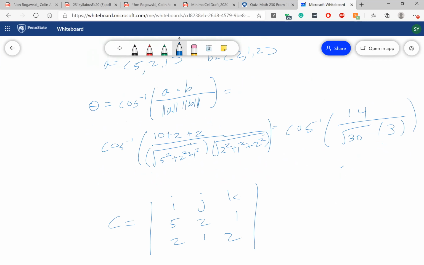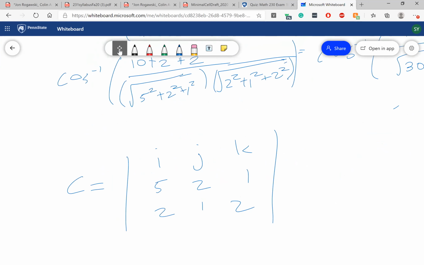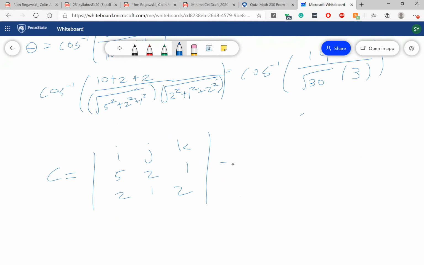So this is going to be our vector C, and it's going to be equal to i times 4 minus 1, so 3, minus j times 10 minus 2, which is 8, plus k times 5 minus 4, which is 1. So this is the vector 3, negative 8, and 1.